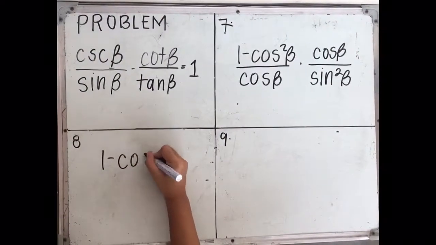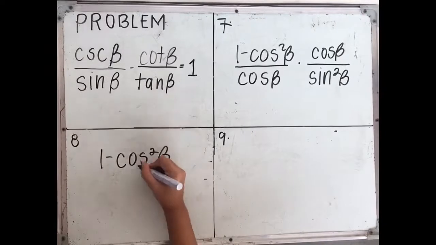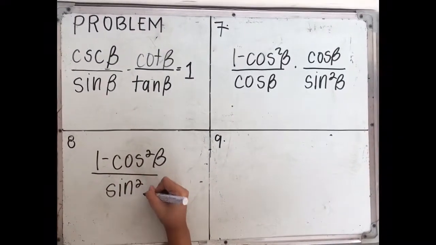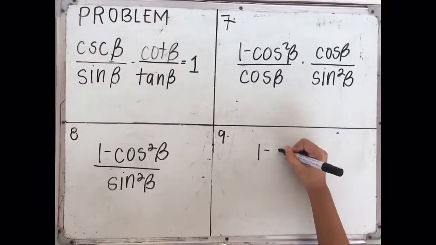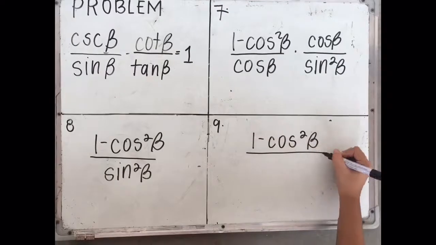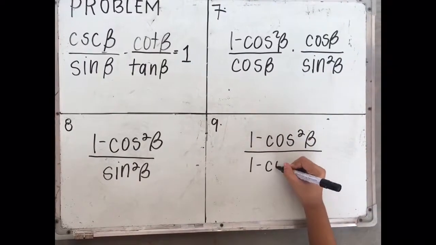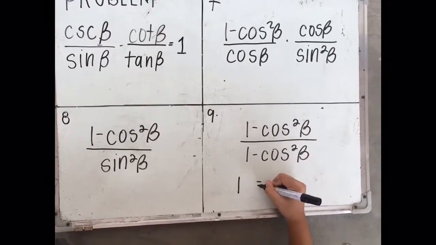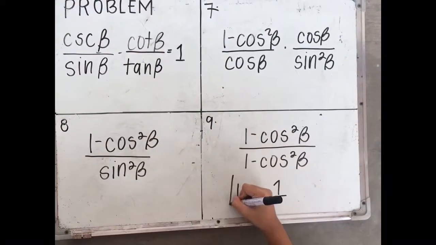For the eighth, we have 1 minus cosine squared beta over sine squared beta. Ninth is 1 minus cosine squared beta over 1 minus cosine squared beta. 1 equals 1.